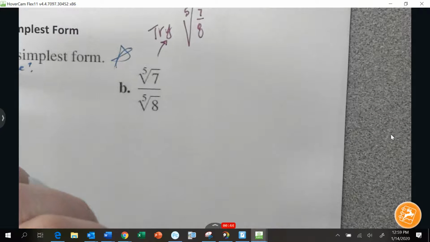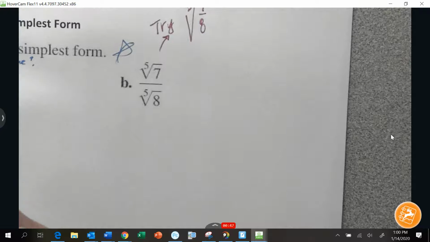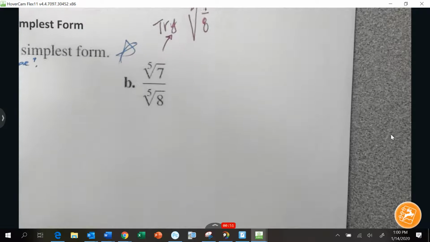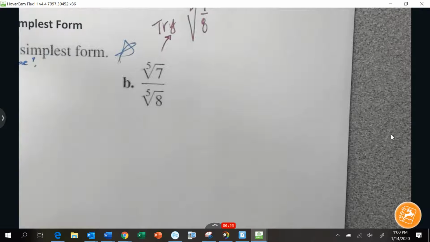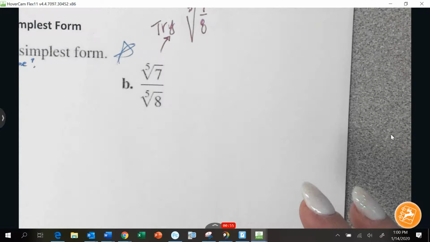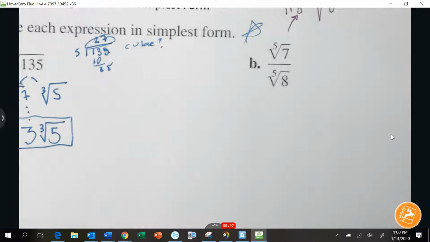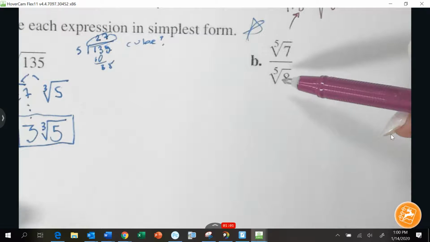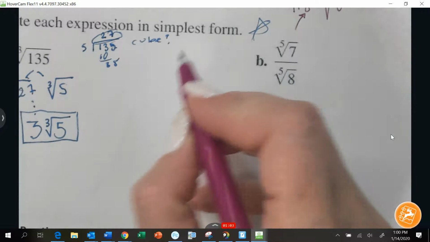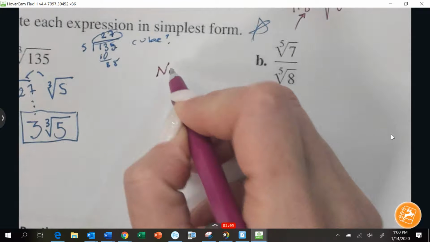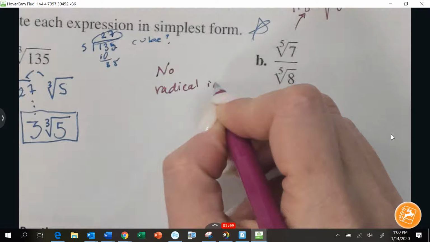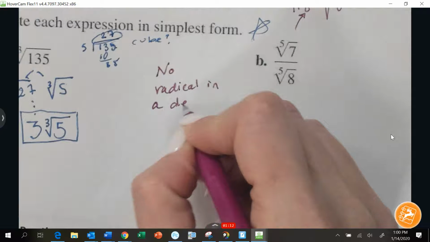You may say, this is in simplest form. But I'm going to remind you of something which hopefully you learned in Algebra 1: you're not allowed to leave a radical in a denominator of a fraction for it to be considered in simplest form. No radical in a denominator.